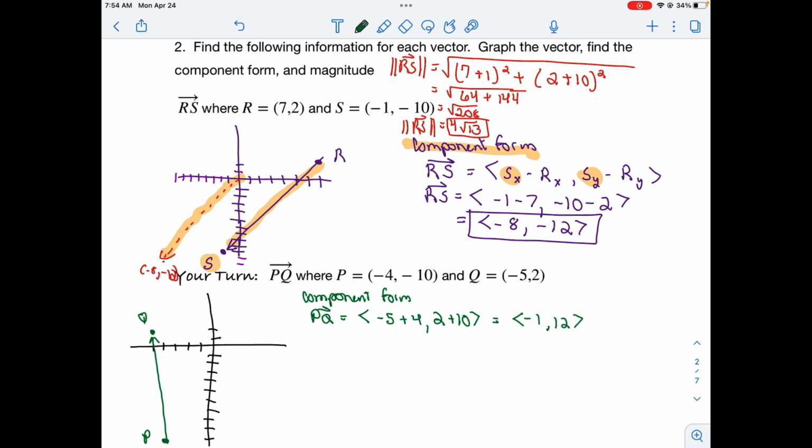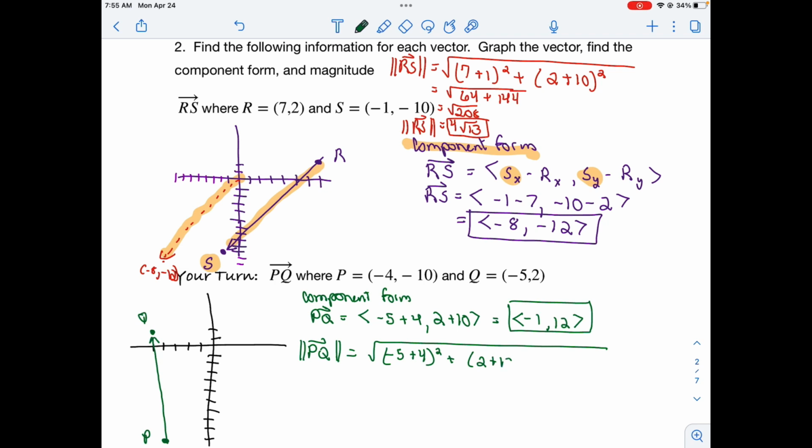Now, to find our magnitude, I can do the distance formula, and that's what I'll write down, but remember there is another way to find it, since we already found the component form. So if I use the distance formula, that would give us -5 plus 4. Wait, that is the x component, the x value of my component form.